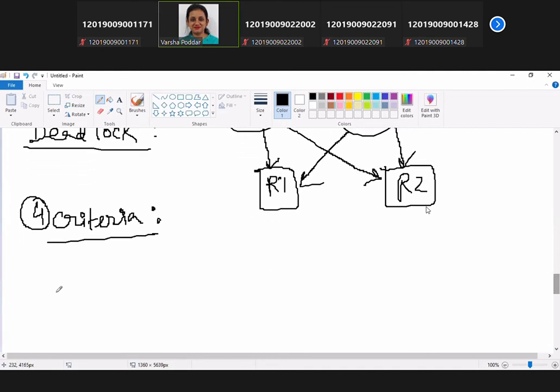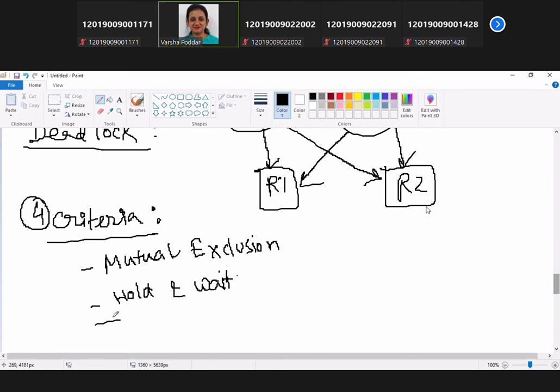So let us just go by the names: mutual exclusion, hold and wait, no preemption, and circular wait.